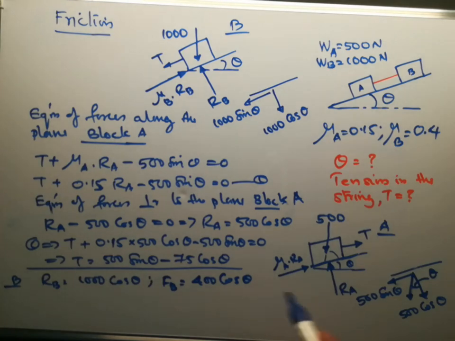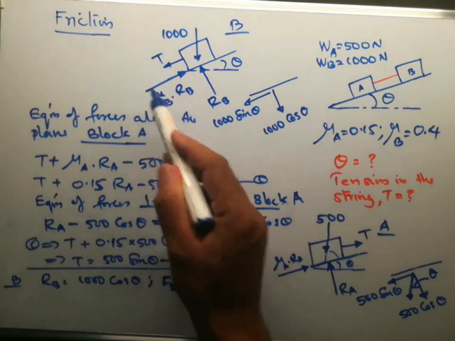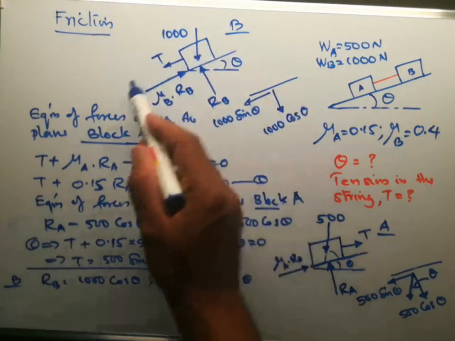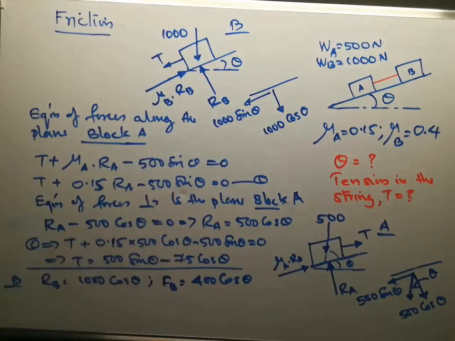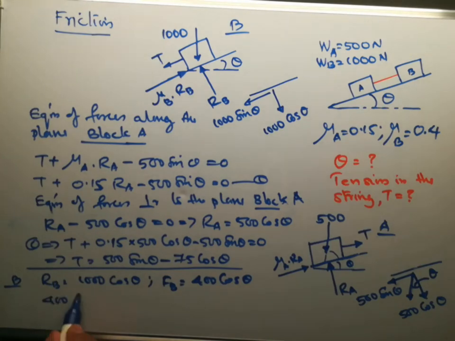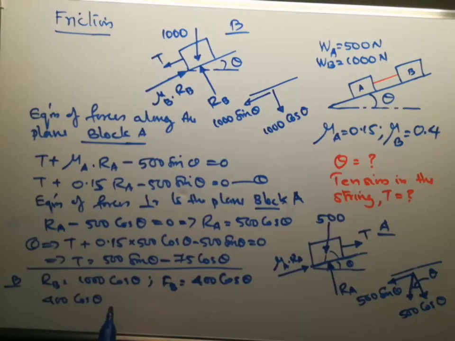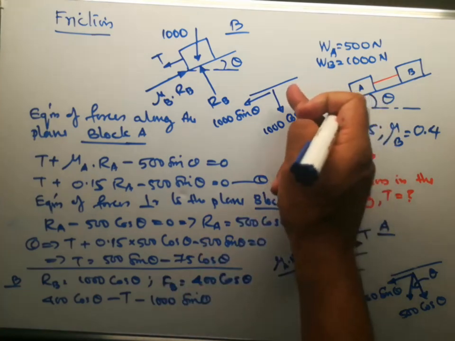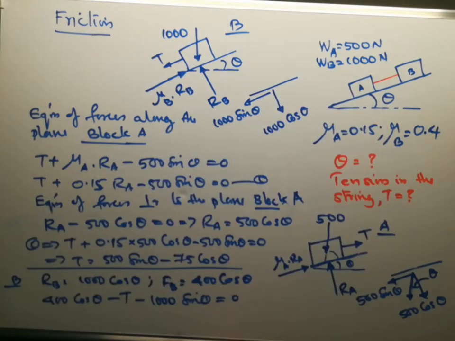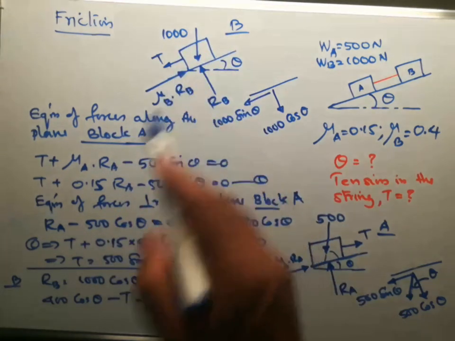Then, when we consider the forces parallel to the plane, the forces acting parallel to the plane are mu B into RB, that is FB, equal to 400 cos theta in the upward direction, then minus T in the downward direction, minus 1000 sin theta, also in the downward direction, and this should be equal to 0 because under the action of these forces the body is now in equilibrium.